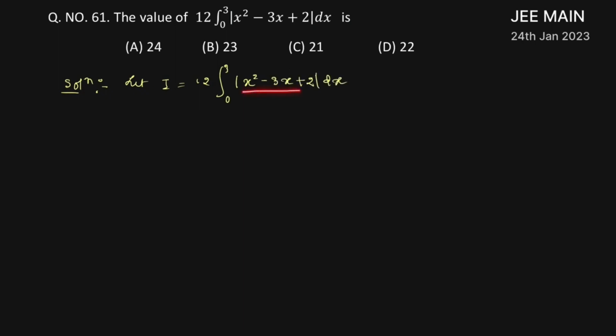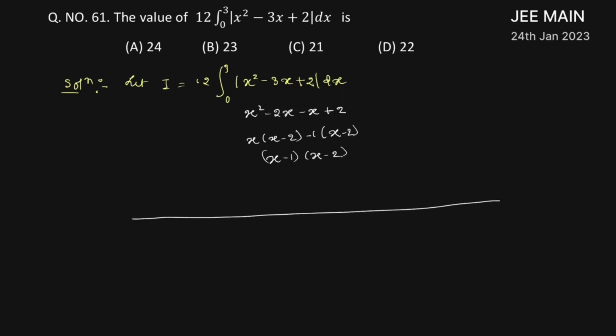So we are able to break this quadratic equation as x square minus 2x minus x plus 2, which we are able to write as x minus 2 minus 1 x minus 2, which is equal to x minus 1 x minus 2. So in this number line, this is 1, this is 2.